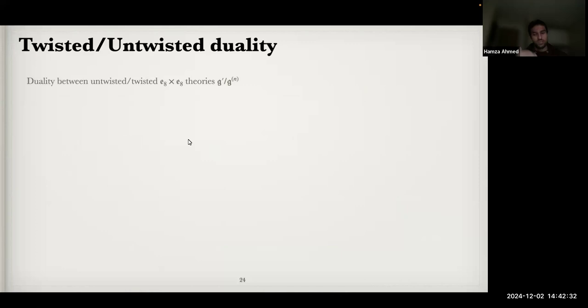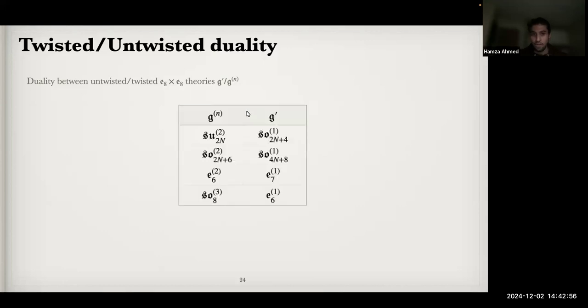So if I just start with the assumption that I want to match these leading M pieces, then one can write down immediately a duality between untwisted and twisted E8 times E8 LSTs, for the following singularity. G prime is the untwisted singularity, and G to the N is the nth order twist of your algebra.